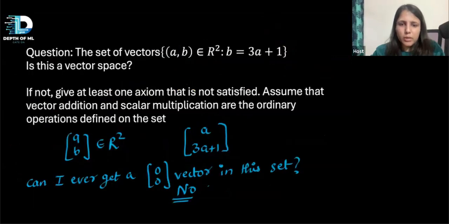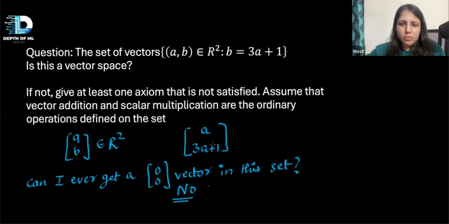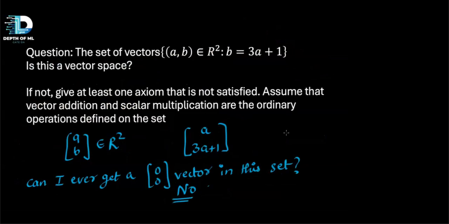If I add two vectors in any order, distributive properties are also satisfied. This is closed under multiplication according to me. This is not closed under addition because there is no 0 vector. And there will also not be a -1 times of this, so that we can add it up and get a 0 vector. Make sense?